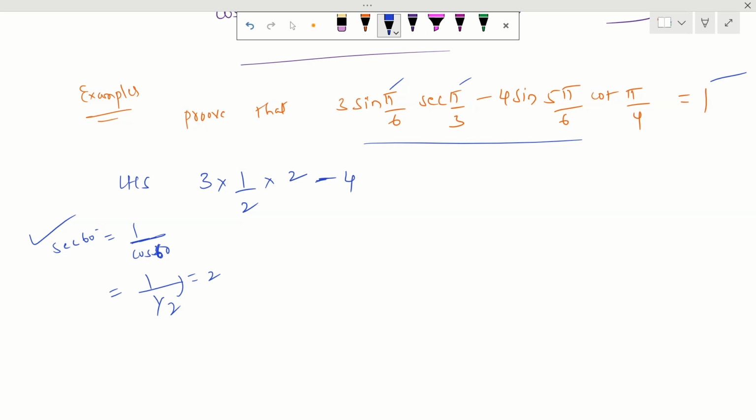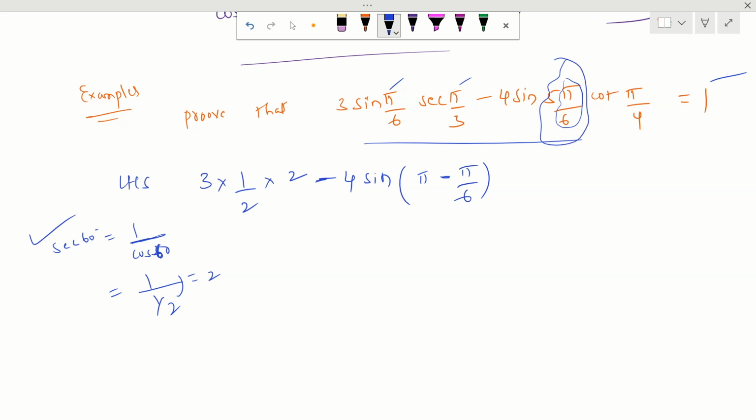Sine pi by 6 with 5 pi: as already explained, I am writing this pi by 6 term separately. 6 times pi is 6 pi, and 6 pi minus pi is 5 pi. So this 5 pi by 6 term I can write as pi minus pi by 6.